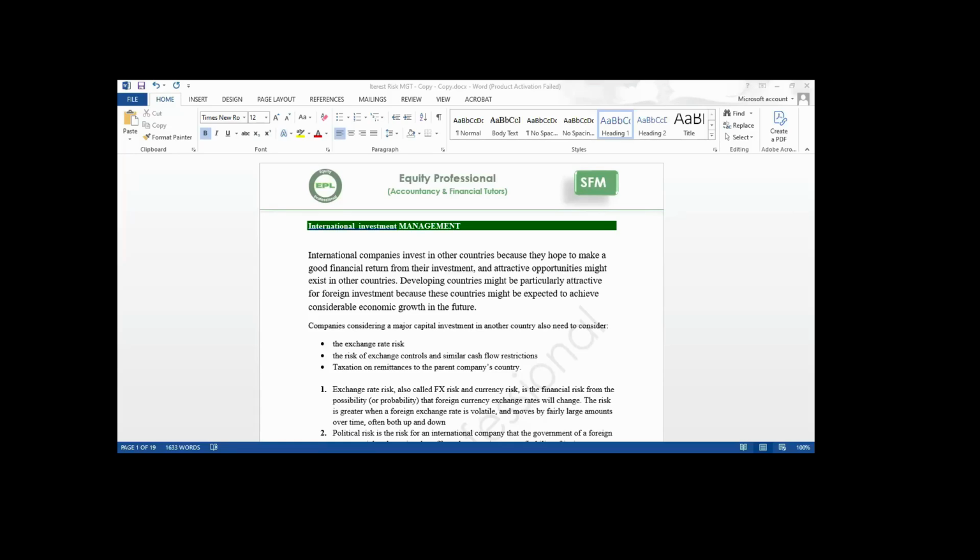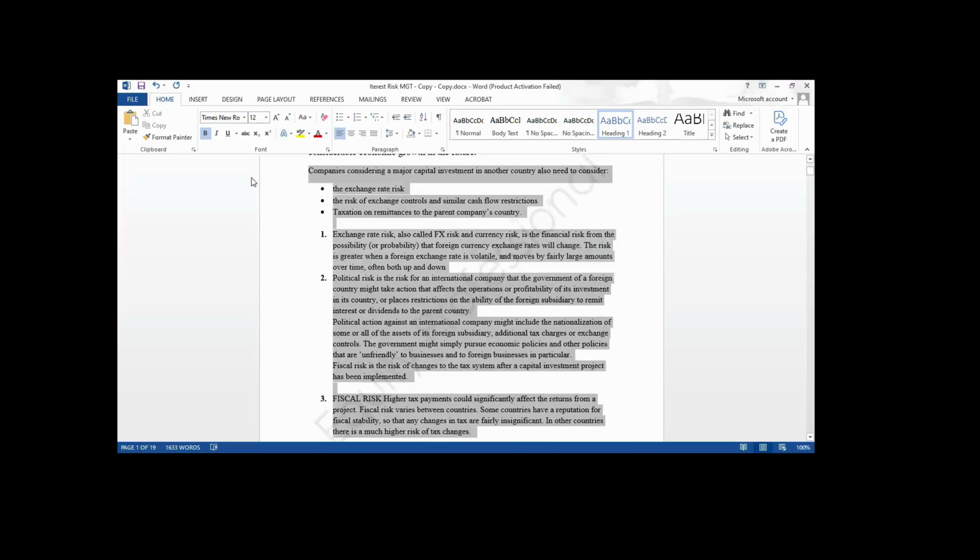Just rounding up tonight. And to round up is to look at international investment appraisal. The topic is a combination of investment appraisal and foreign currency.